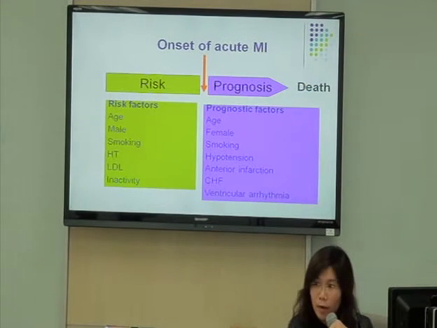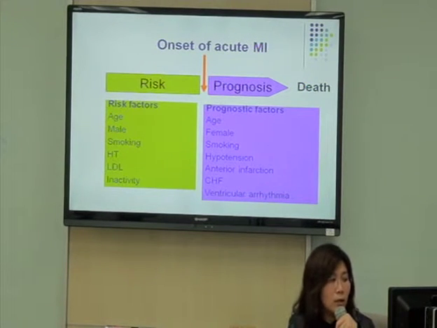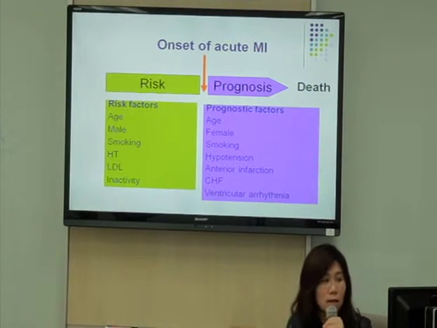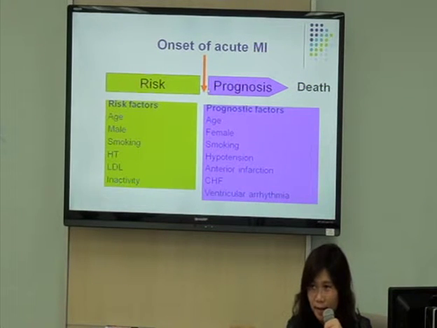And I think we already understand about this, right? Risk means that we are at risk to develop the disease. And after the disease develops, what are the factors to predict other clinical outcomes? So in the spectrum of disease, you focus on the risk factors to develop acute MI here.